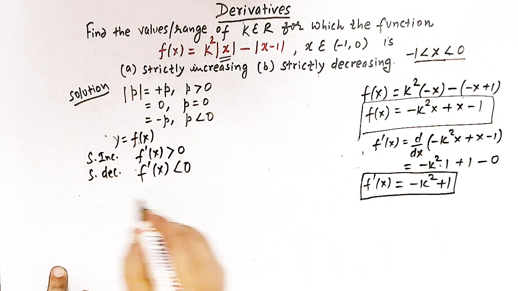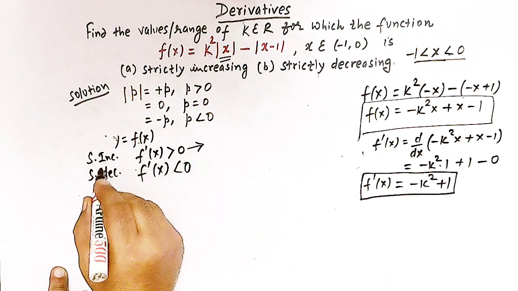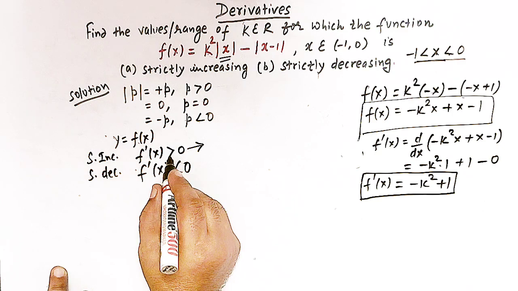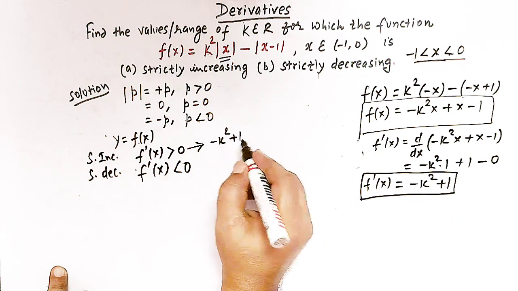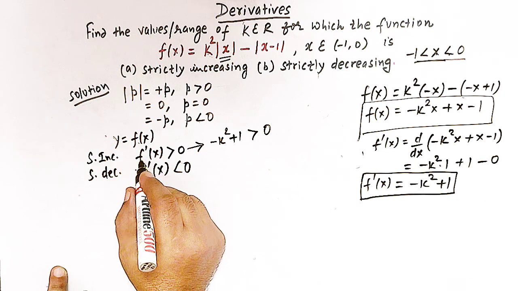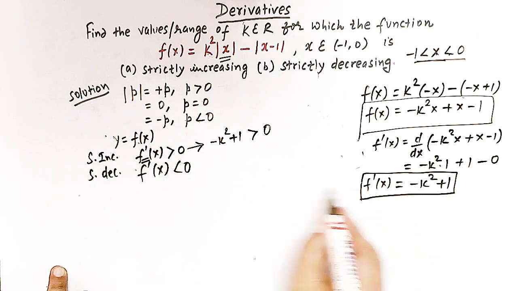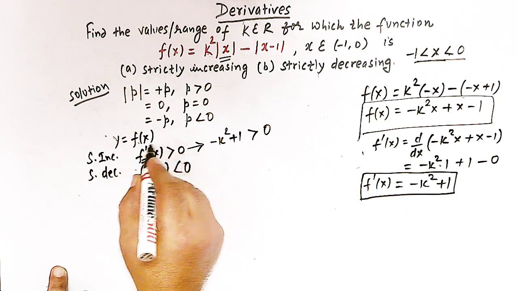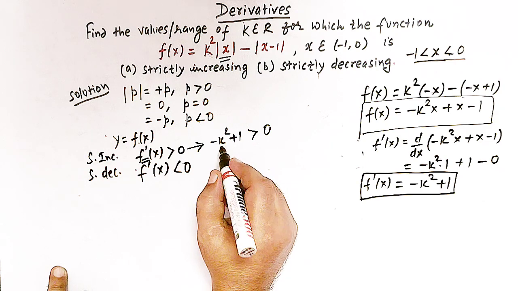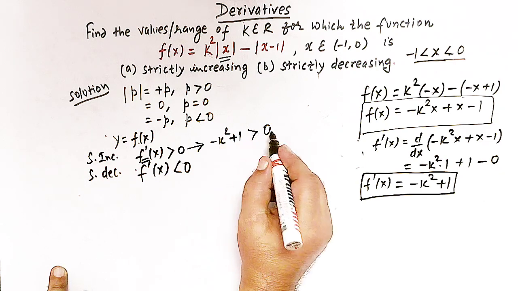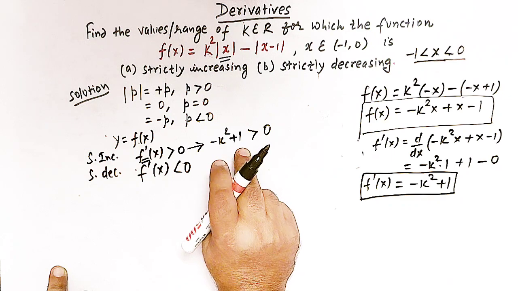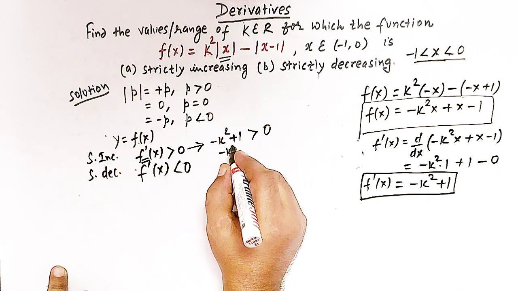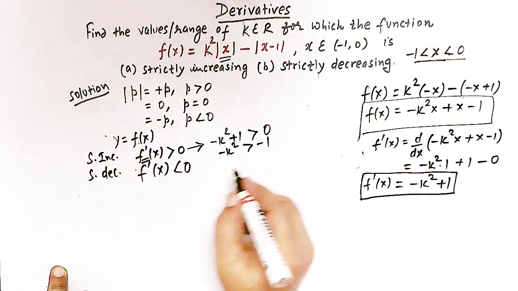So now in the case of strictly increasing, the derivative must be positive. So we have minus k square plus 1 is greater than 0. So substituting the value of f prime of x in this inequality, we have minus k square plus 1 greater than 0. Now we can solve this inequality. So we have minus k square greater than minus 1.